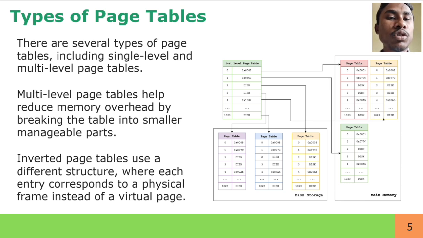Inverted page tables use a different structure, where each entry corresponds to a physical frame instead of a virtual page. Here we can see the diagrams, disk storage and main memory. These are some of the examples of page tables, and they can be divided into various types.